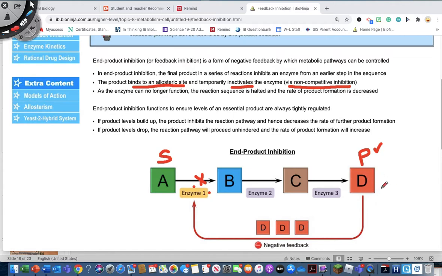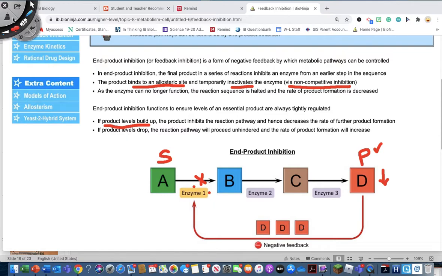Then the rate of the product is going to decrease or slow down. This is very helpful because if the product levels build up, the product itself is the one saying, hold on, too much product here. We are going to have to decrease the amount of product, and the product itself acts like a non-competitive inhibitor.